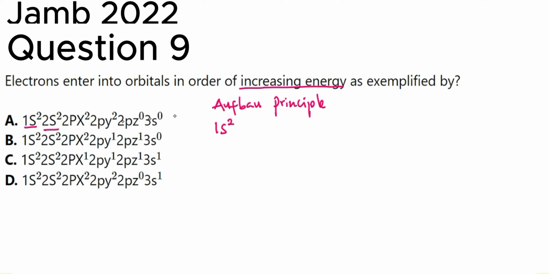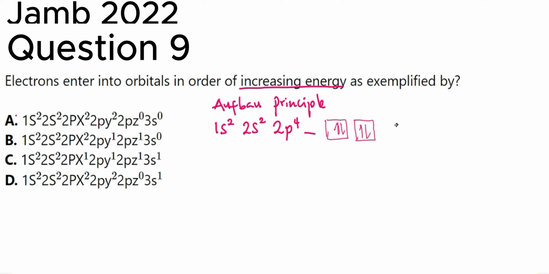So we have 1s2, 2s2, and 2p4 there. For the s orbitals, 1s2 has one degenerate and a maximum of 2 electrons.